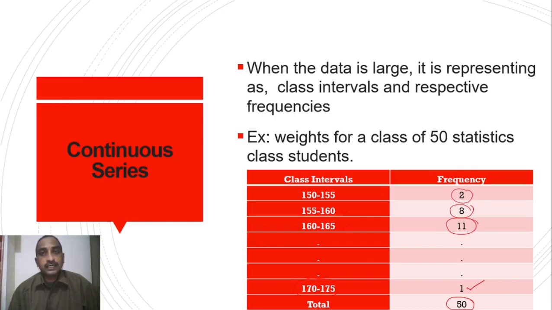Once you collect the data, to calculate either dispersion measures or central tendency measures, we must represent it in a particular manner, that is, either grouped data or ungrouped data. Ungrouped data is sometimes called an individual series. Grouped data may be represented as either a discrete series or a continuous series. Whenever the number of observations is large, it is better to represent it as a continuous series.